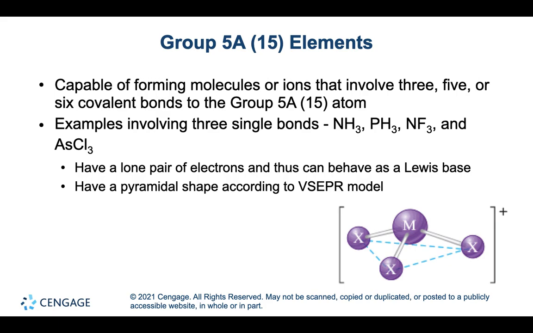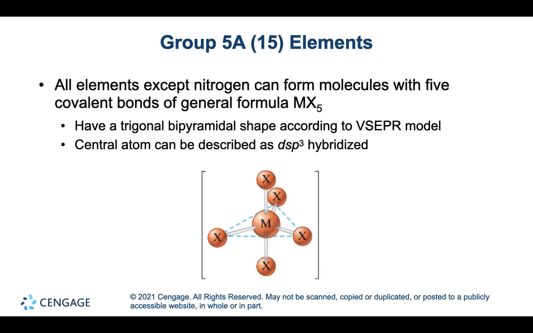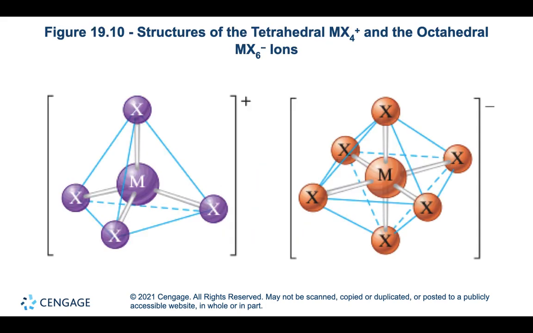So typically you get trigonal pyramid for NH3 or NF3, PH3, AsCl3. You get this trigonal pyramid form, but then you can get the trigonal bipyramid form. You just can't do that with nitrogen. We say that the center atom is dsp3 hybridized when it's in its trigonal bipyramid form.